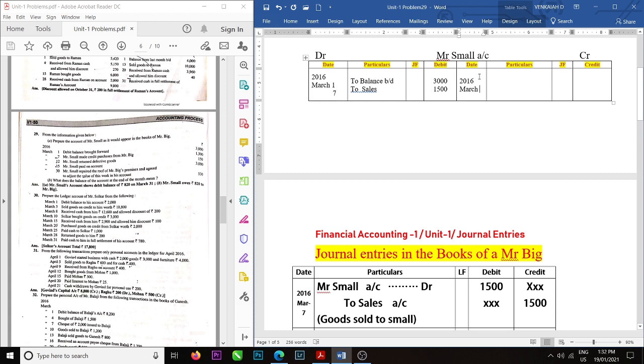Sales returns date is 12. By sales returns account, it is 150.